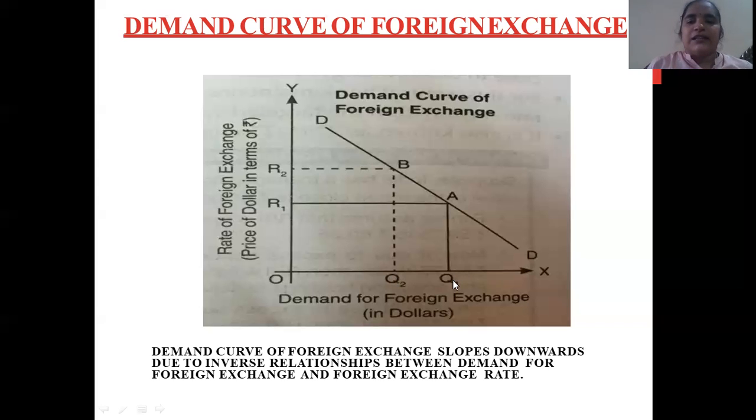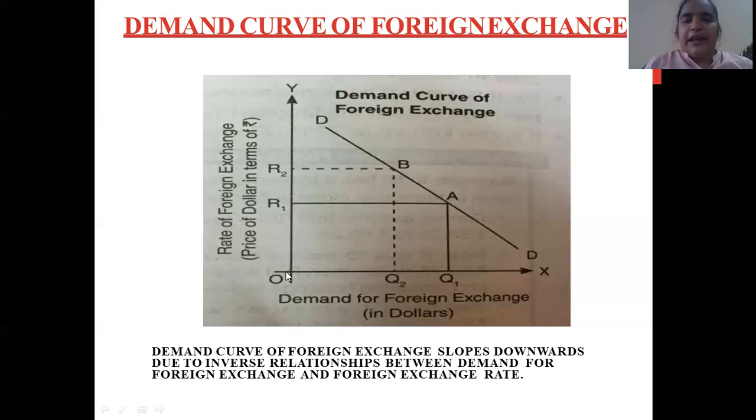Say Q1 is the quantity demanded at price R1. So you can see that when price is low, demand is high. Say because there is high demand and maybe the supply is limited, the price of that currency increases from R1 to R2. Then you can see that the quantity demanded has shifted from Q1 to Q2. So there is this much amount of decrease in demand.